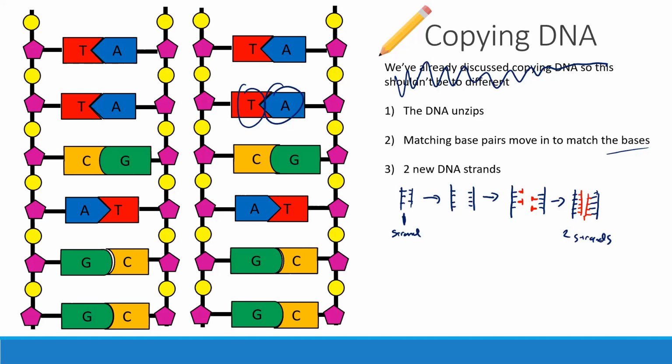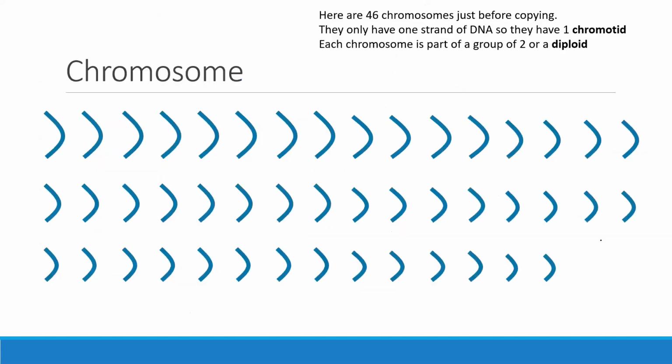Now, how does this work? There's nothing to copy down here. I just want you to watch. Here are 46 chromosomes just before copying.